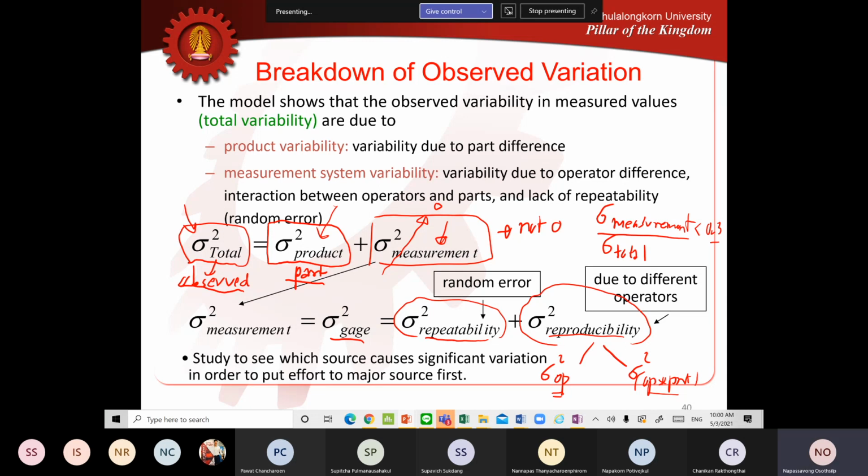You get the concept, okay? So the concept is that given any variation of the part, because sigma total contains sigma part also, right?